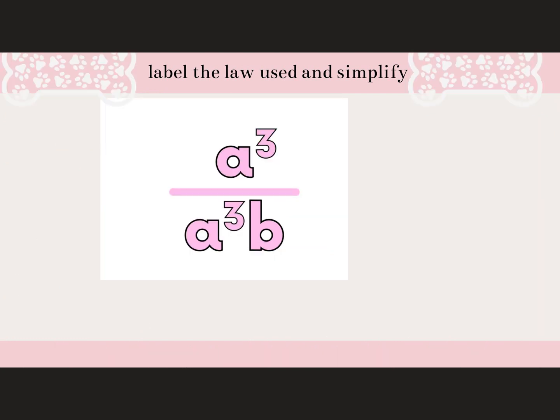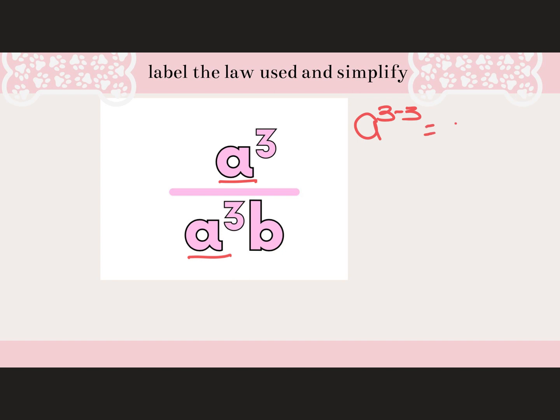Go ahead and pause this video and try this one. In this problem, we are going to use quotient rule. I have same bases of a. So quotient rule says if my bases are the same and I'm dividing, I am simply going to subtract my exponent. So I have a 3 minus 3.